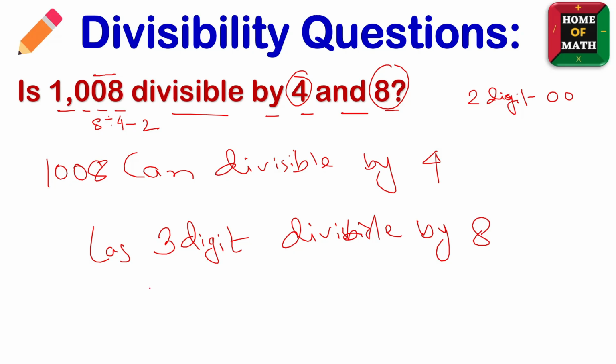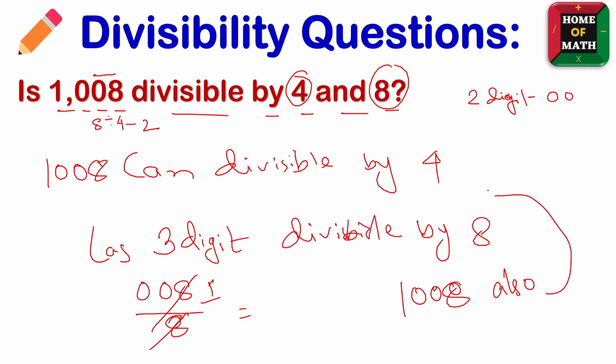So here the last 3 digits are 0 0 8. We can divide by 8, right? So 1008 is also divisible by 8. Okay, so this is very simple.